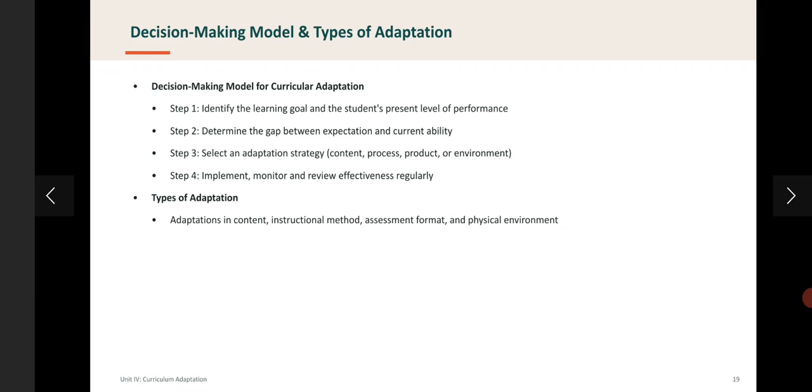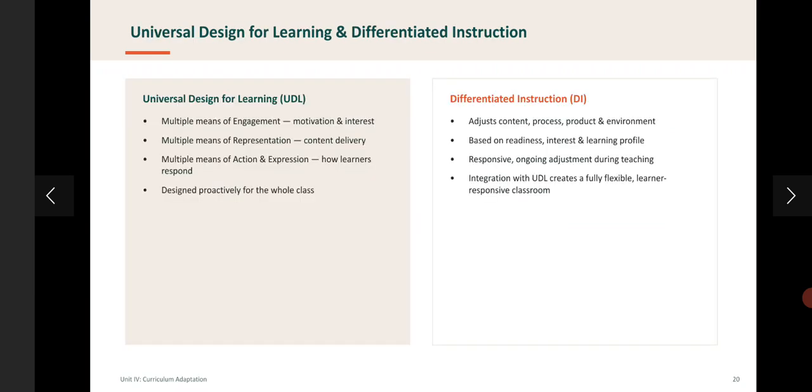So next, universal design for learning and differentiated instruction. That is UDL and DI. When it comes to UDL, universal design for learning, it is an approach to teaching aimed at meeting the need of every student in the classroom.